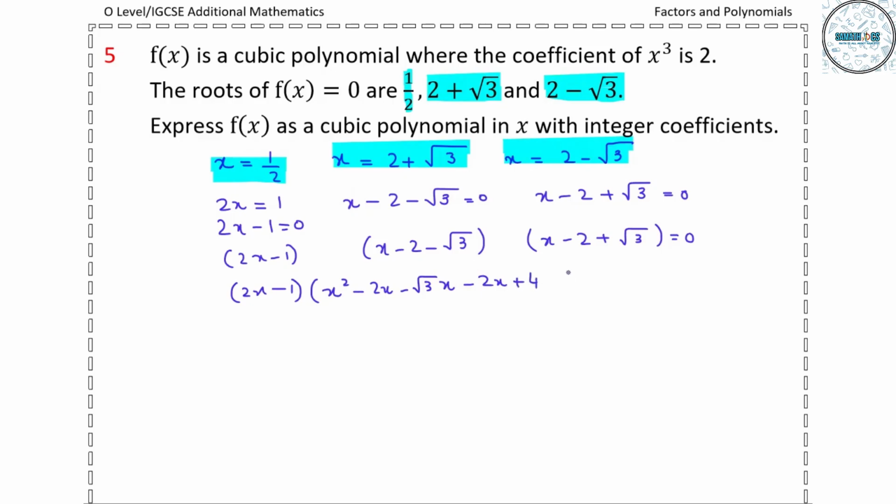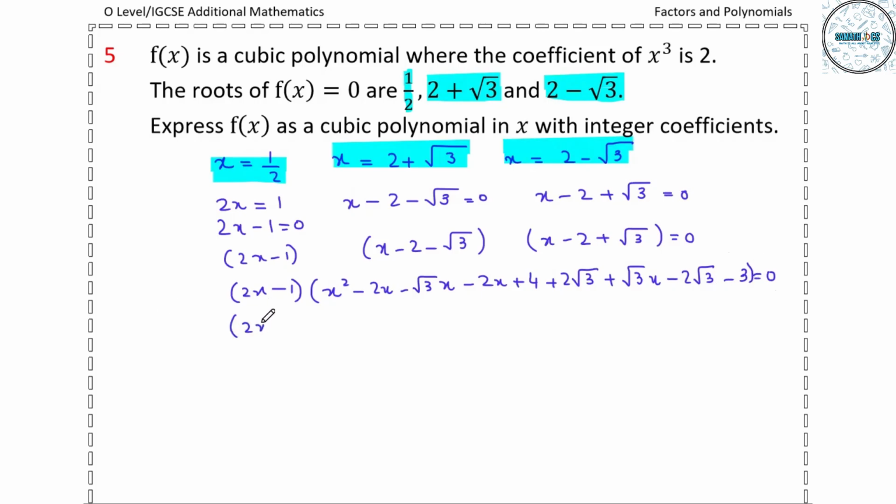Then minus under root 3 by minus 2, we will get plus 2 under root 3. Then x by under root 3, plus under root 3x. Then minus 2 by under root 3, minus 2 under root 3. Then minus under root 3 by plus under root 3, we will get minus 3.